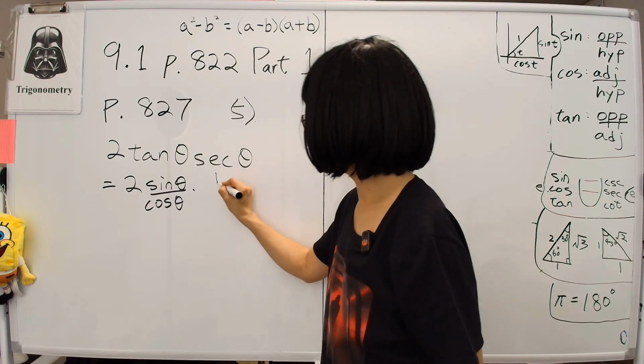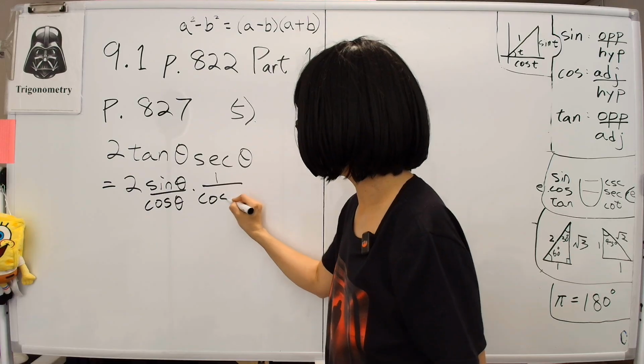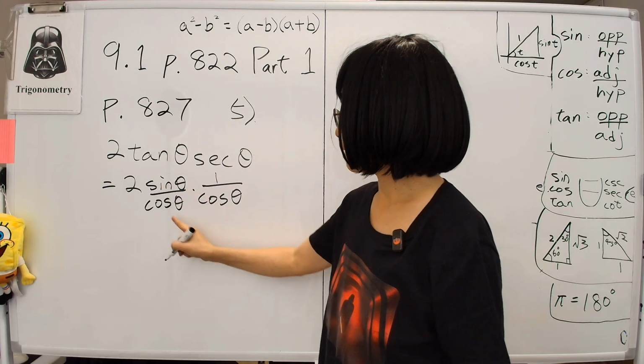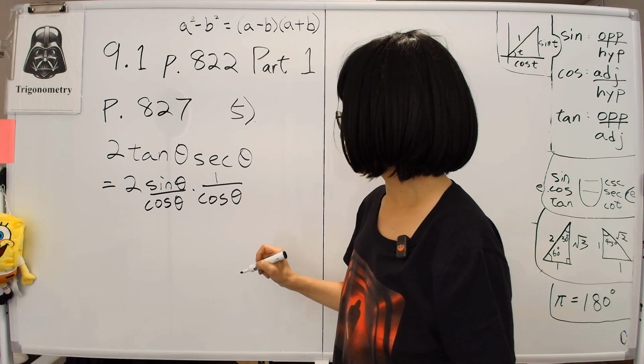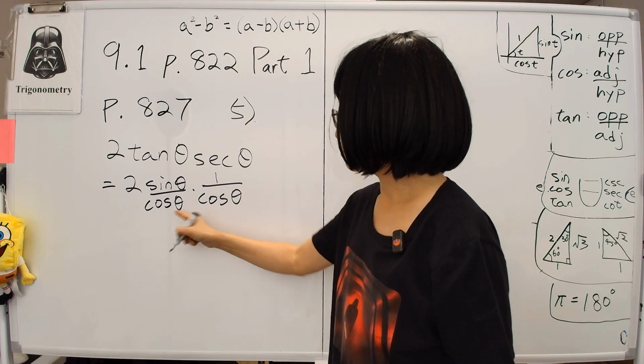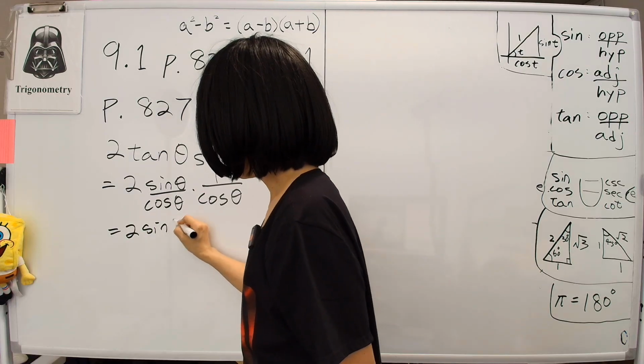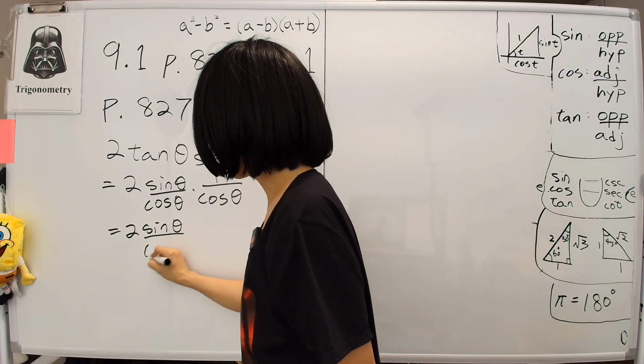Secant equals 1 over cosine theta. So we have one sine, but we have some cosines in this expression that we need to get rid of. We'll rewrite this thing as 2 sine theta divided by cosine squared.